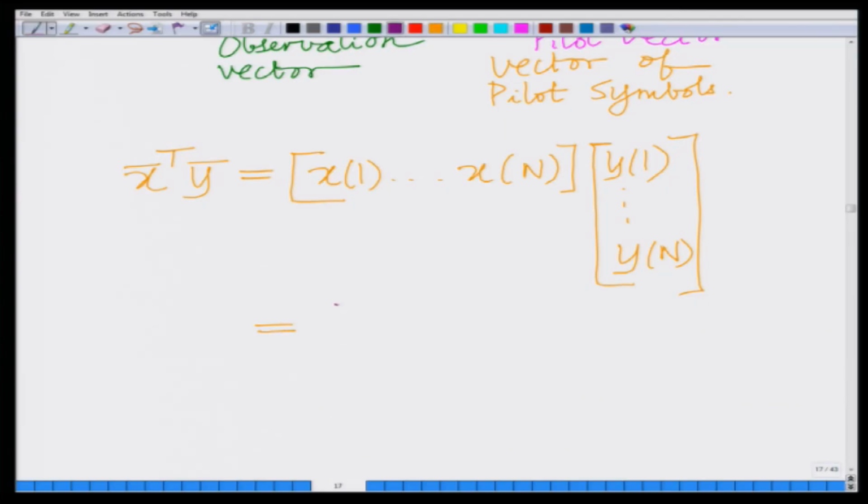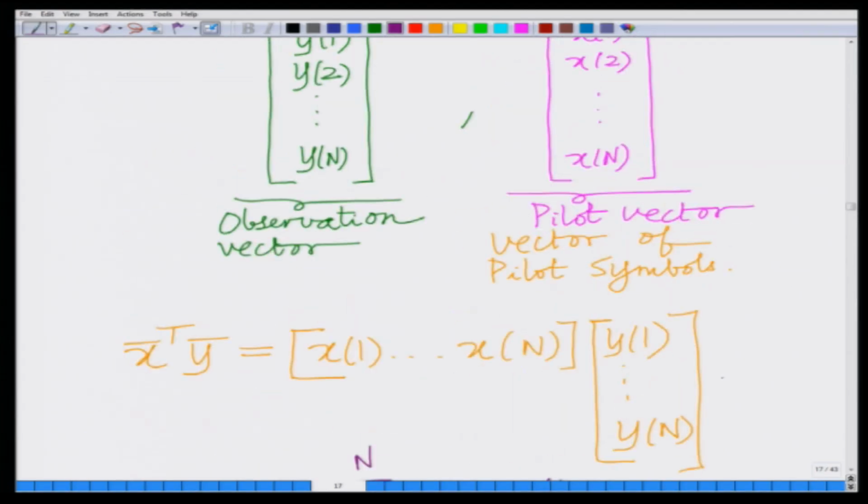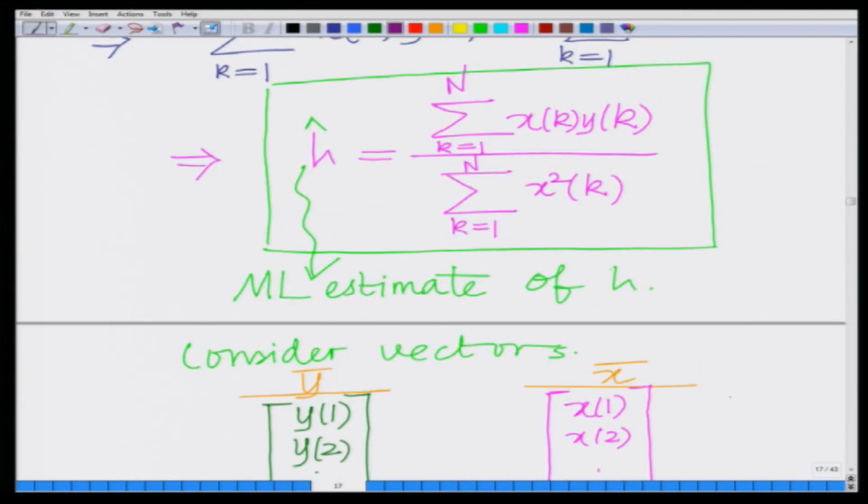You can clearly see this can be simplified as summation k equal to 1 to n x k times y k. Therefore, this is the numerator of the expression, x bar transpose y bar.